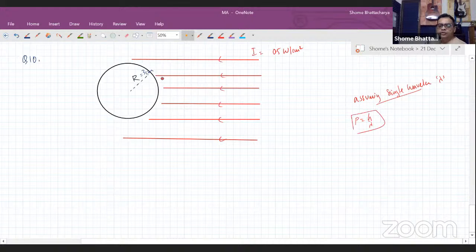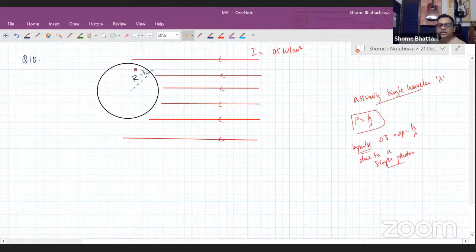Any photon absorbed will result in an impulse delta j, which will be nothing but the change in momentum, so that will be h by lambda. This is the impulse due to a single photon.